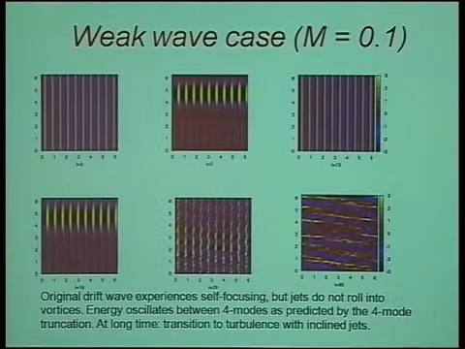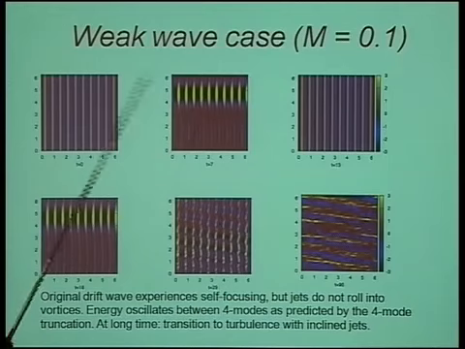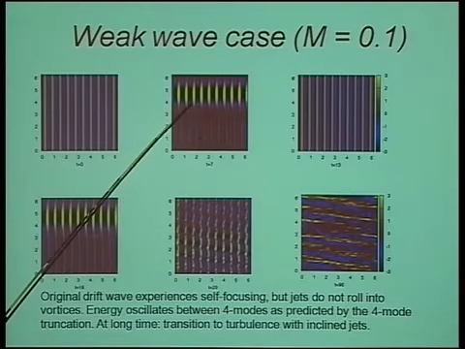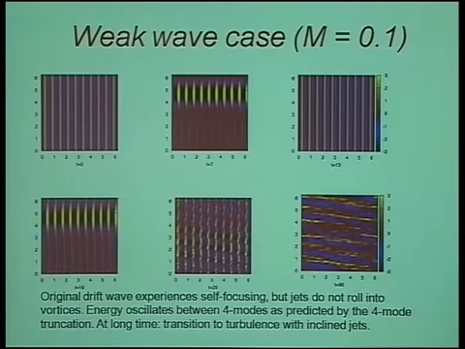For the weakly nonlinear case, what happens if we develop the zonal flow? In physical space that would correspond to vorticity being focused in some regions and depleted in others, but then it will go back. Basically, if you think of your four-mode truncation system, you can integrate this system after the initial instability, and it will experience nonlinear oscillations.